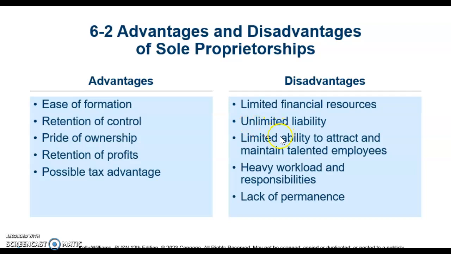So unlimited liability means that if the proprietorship cannot pay the debt, the bank or the debt collectors can come after the owner's personal assets. They could take their home, their vehicles, anything that they own to help pay for that debt.